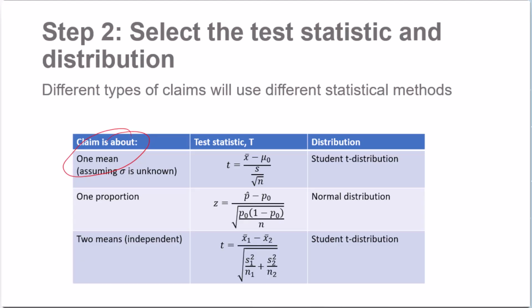For this, we're going to look at the sampling distribution of a mean, which would be the student t distribution. This is something similar to what we saw in the interval estimates section. And we're going to calculate a test statistic, and this is the formula that we would use. This is essentially like a z-score calculation, but for the sampling distribution of the sample mean.